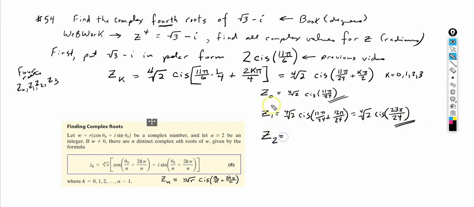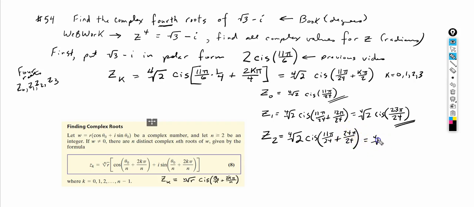My third complex root, again using this formula, is going to be the fourth root of 2 times cis of, well, this time k is 2, so I'm going to have 11 pi over 24 plus 2 pi over 2, and that's going to cancel and be pi. If I'm going to put these together, I need to rewrite pi as 24 pi over 24.